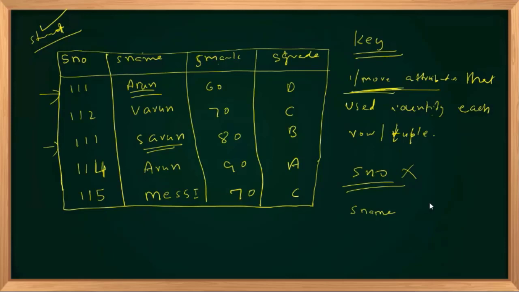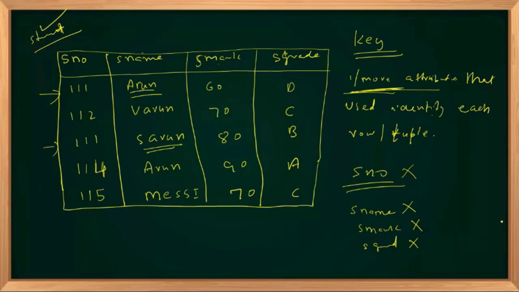No, because the same name, Arun, appears twice. So student's name is also not a key. What about student's mark? No, because two students have the same mark. What about grade? No, because two students have the same grade.